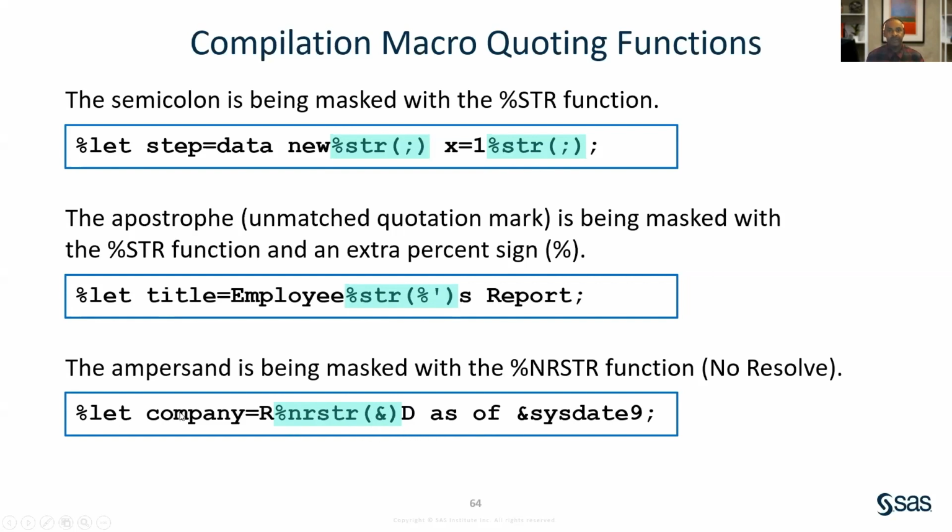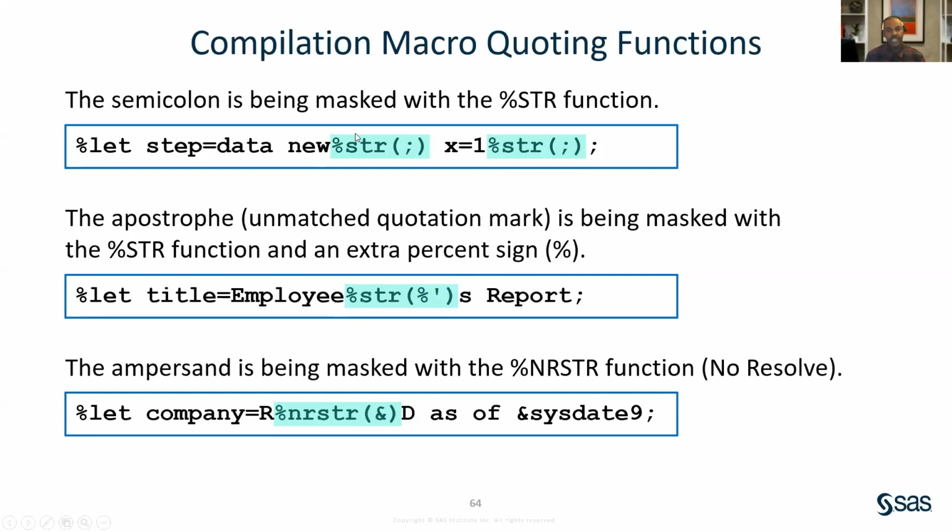So in this case, %LET company equals, I'm trying to specify R&D, but I know that &D would look like a macro variable reference and the macro processor will go look for it. So to prevent that, to make this ampersand behave like plain text, like you typed a B or C or D, plain text, you use %NRSTR for no resolution attempt. %NRSTR can quote or change the meaning of ampersands and percent symbols, %STR cannot.